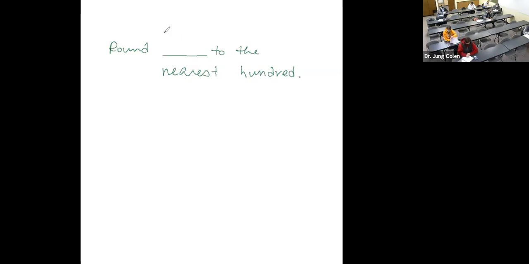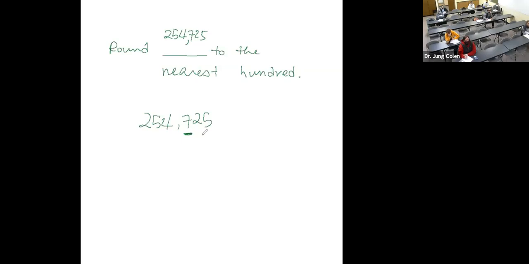If you have a number like 254,725 and I ask you to round this number to the nearest 100, you can take a look at this number and see where the 100s place is. This is the 100s place, right?